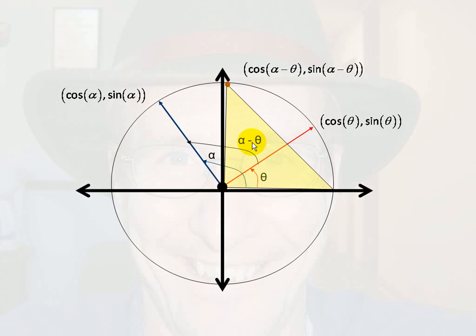The angle alpha minus theta was preserved, and now it corresponds to a point formed on the unit circle when we rotate this terminal side clockwise or counterclockwise alpha minus theta units from the x-axis. So the terminal side for the angle alpha has been translated, and now it's a terminal side for the angle alpha minus theta.